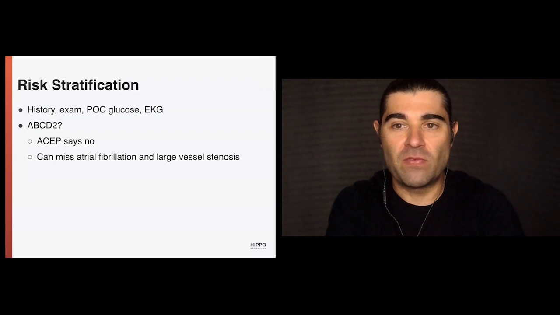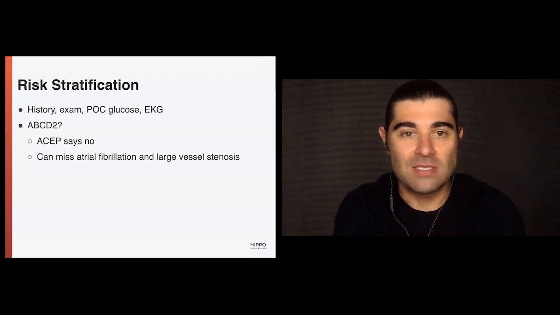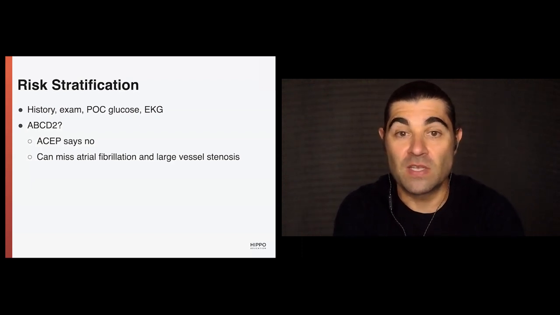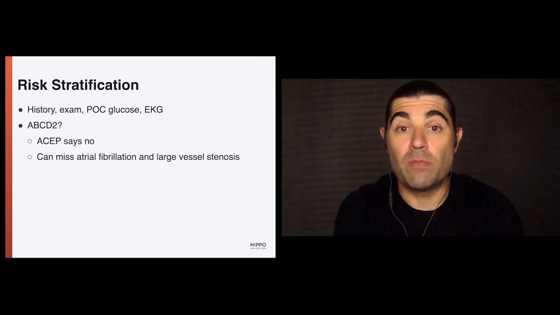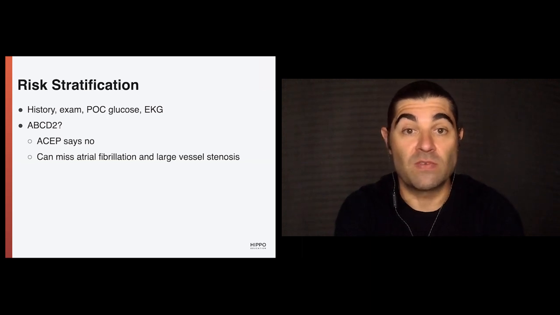One of the important downfalls of this ABCD squared score is it doesn't accurately identify patients with large vessel stenosis. And we know that for patients with large vessel stenosis or large vessel occlusion, we now have mechanical thrombectomy, supported by multiple randomized clinical trials. This tool misses that population.